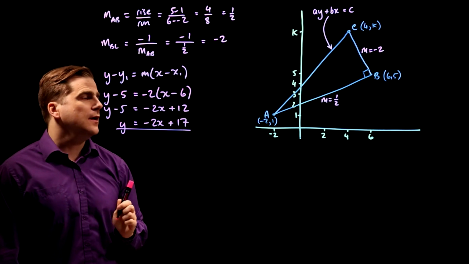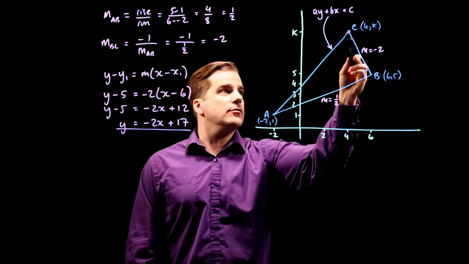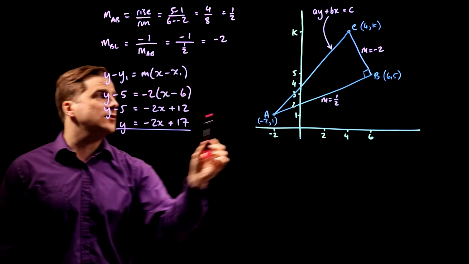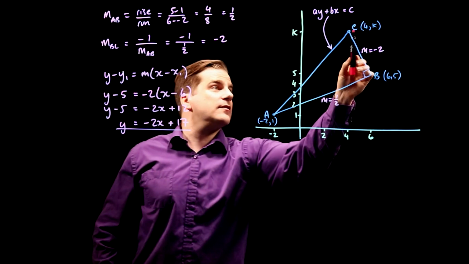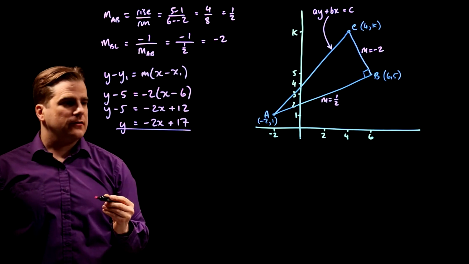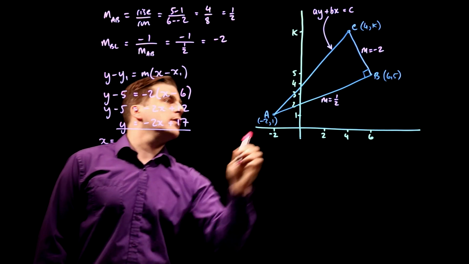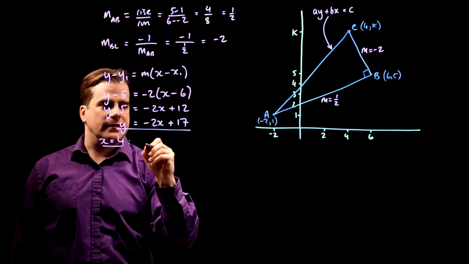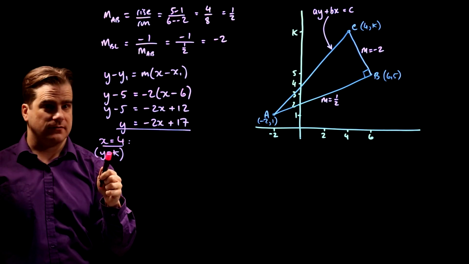Okay? Now, the line BC passes through the point C, the one we're interested in. So if we put x equal to 4 in this equation, whatever value of y it spits out, that is the value of y at that point, which is k, so that's what we want. So we're going to put x equal to 4. Okay, and we get, at x is 4, y is k at that point.